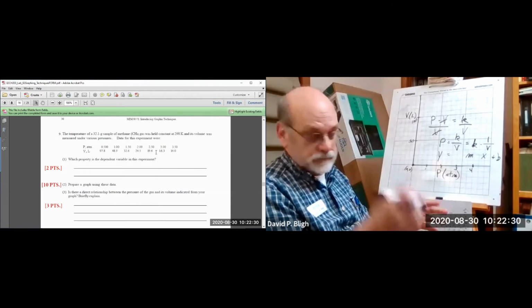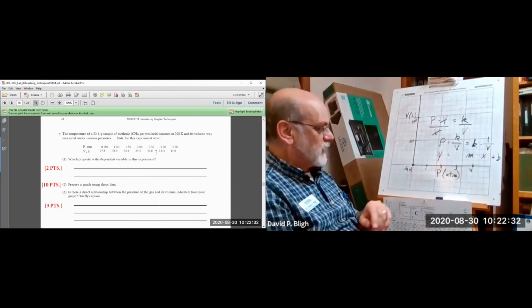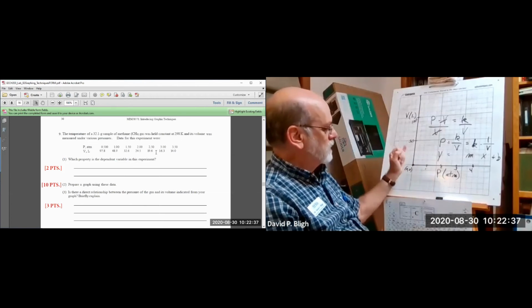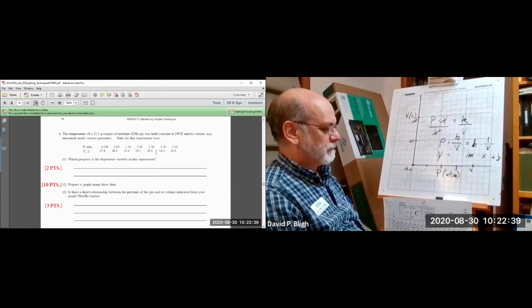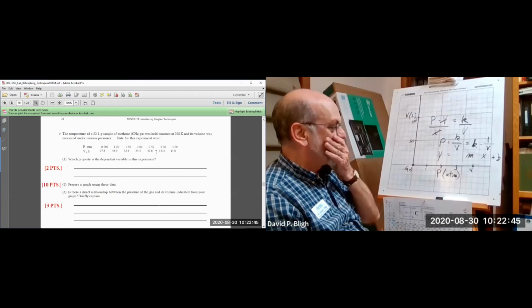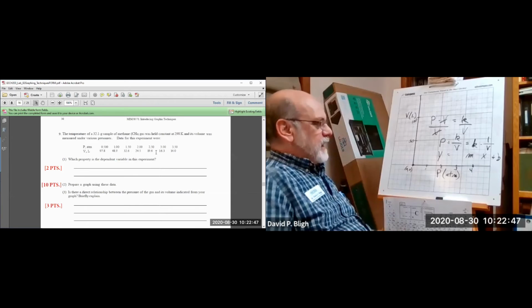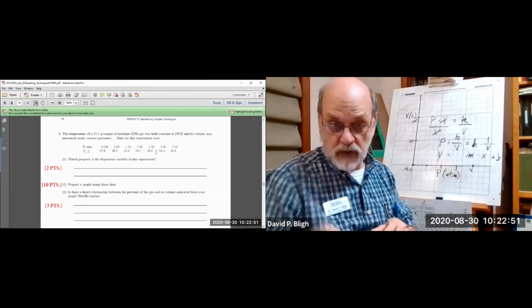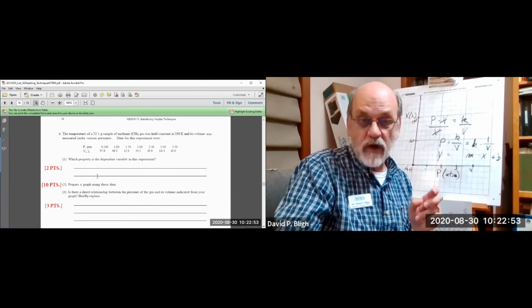And that's okay, because we started from this one as independent variable, dependent variable. Okay, so that's what that transformation in your problem is talking about.